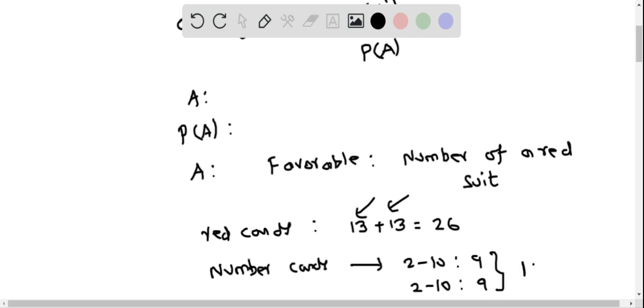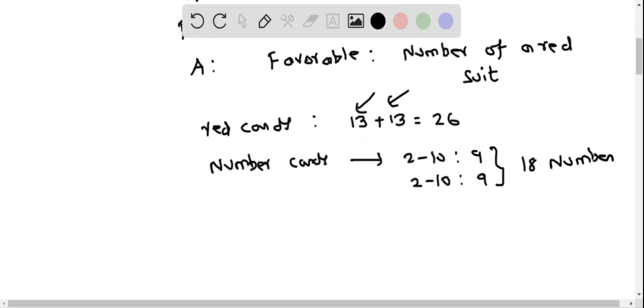So in total we have about 18 number cards of a red suit. So the favorable outcomes is 18, and therefore P of A equals 18, the total number of number cards of a red suit, divided by the total cards, that is 18 over 52.